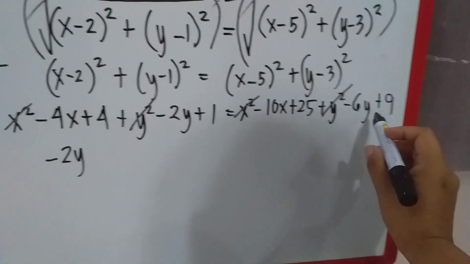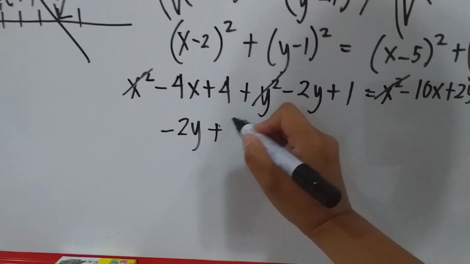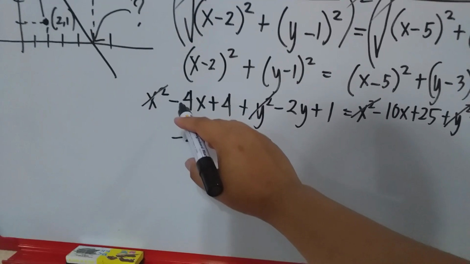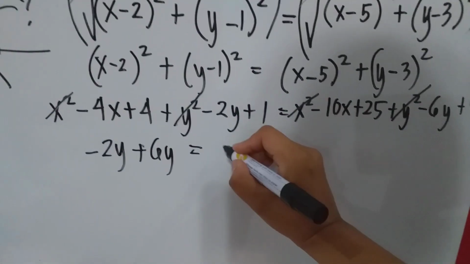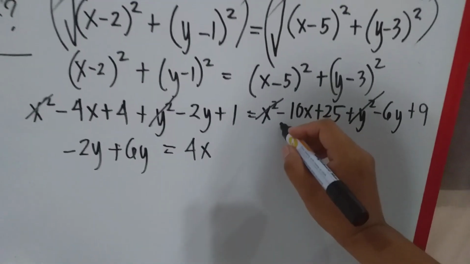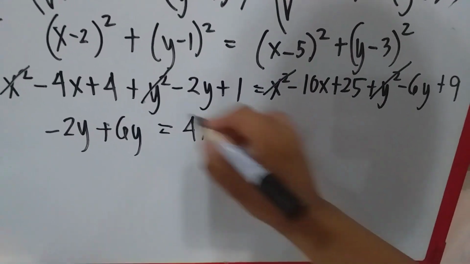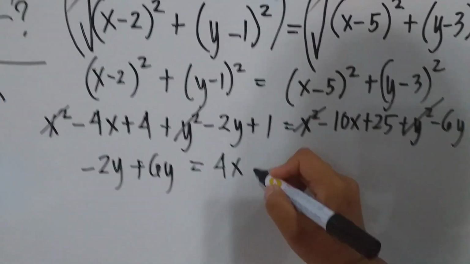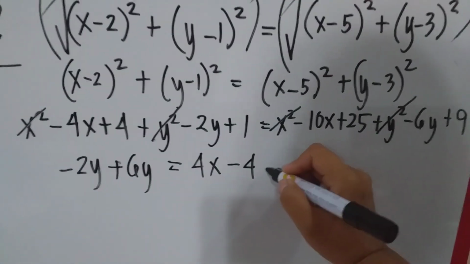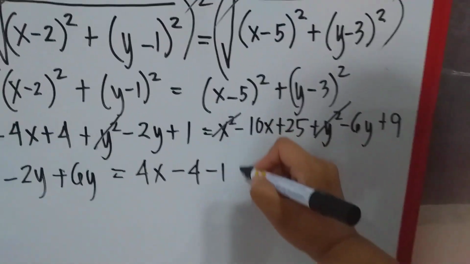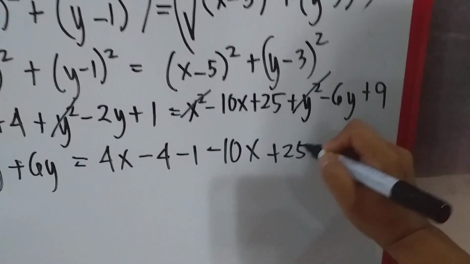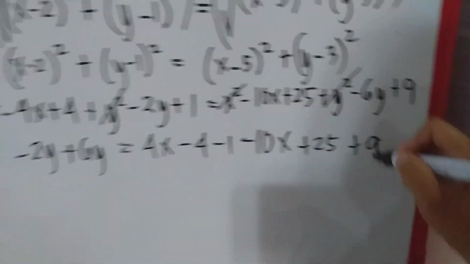The 6y here will be transposed there, so that's plus 6y, is equal to 4x transposed to the right, so negative 4x becomes 4x. Then plus 4 becomes minus 4. Then plus 1 becomes minus 1. Then negative 10x plus 25 plus 9.